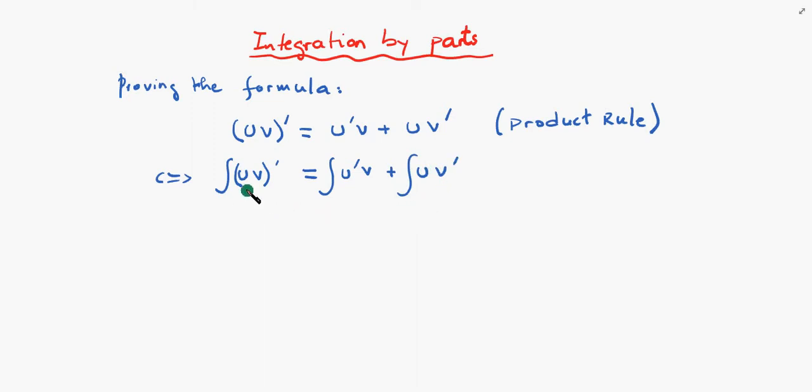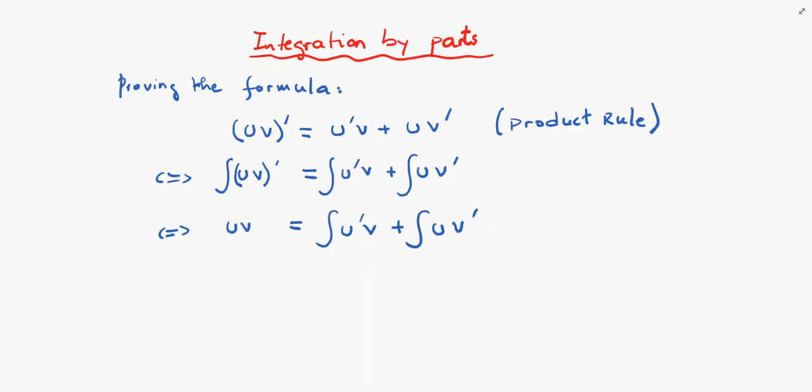Okay, and because it's under the integral sign, we can integrate it, and when you integrate it, it gives you uv equals the integral of u'v plus the integral of uv'.